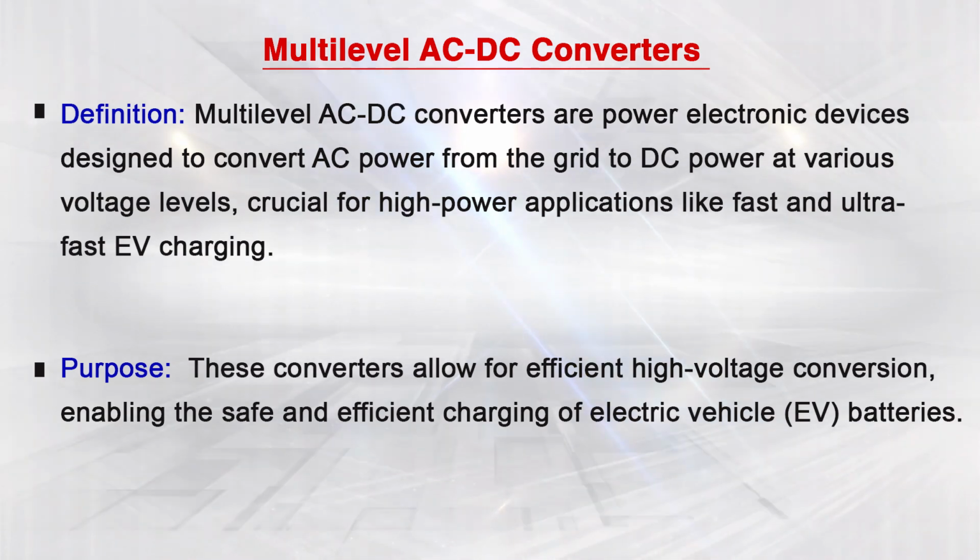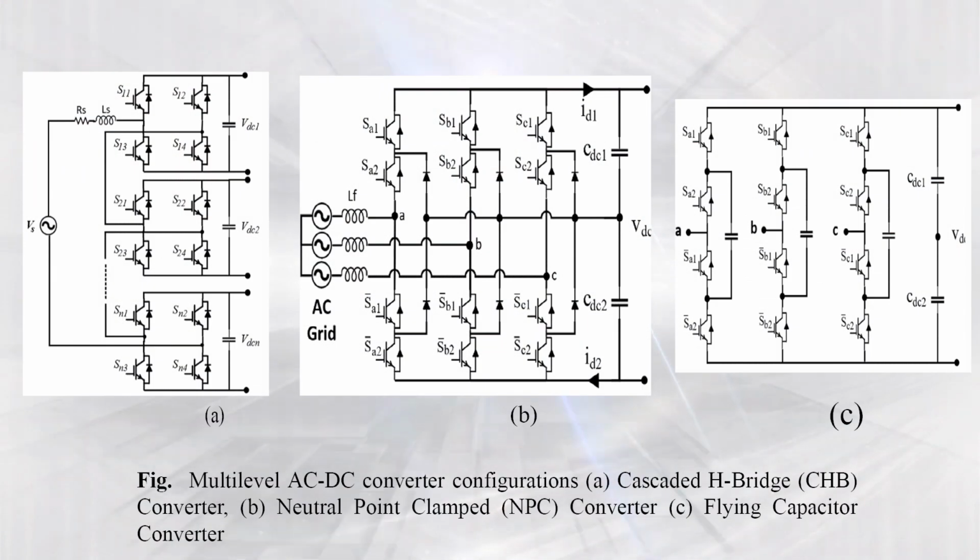In these multi-level inverters we can get reduced harmonics, and the THD of the signal can be reduced. So, we have these 3 classifications, and these are a few configurations, all 3 of which we have seen in the classification.